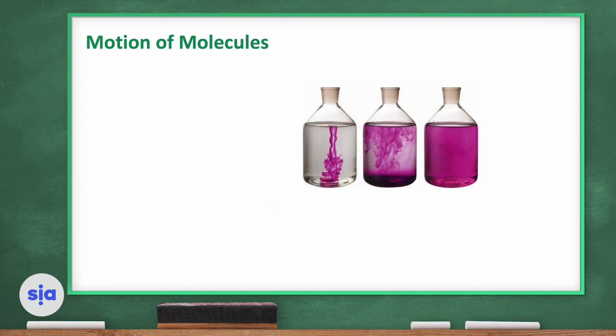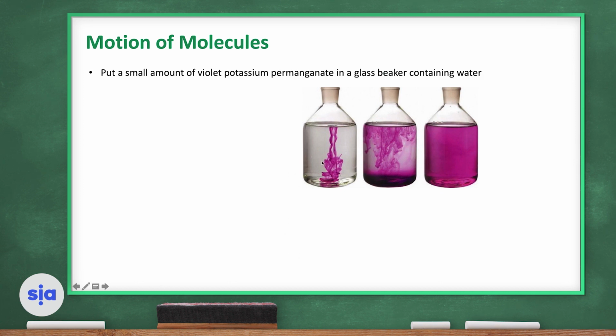Do molecules move? Let's see together. We will put a small amount of violet potassium permanganate in a glass beaker containing water. And we will leave the beaker for a period of time. What do you observe? What can you observe from this picture?